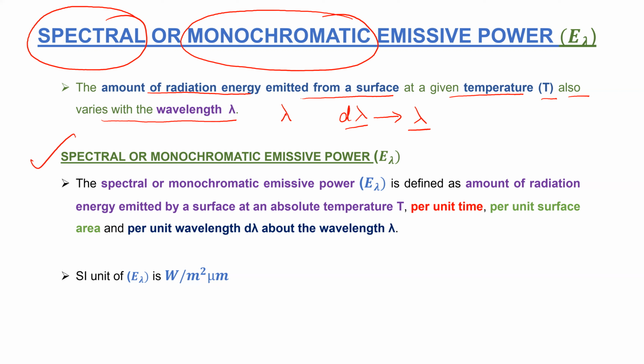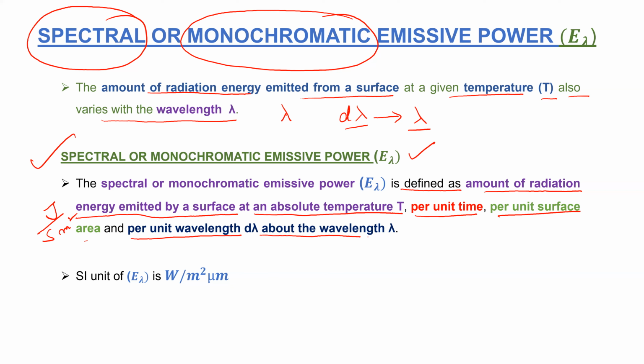So spectral or monochromatic emissive power E lambda is defined as the amount of radiation energy emitted by a surface, so joules, at an absolute temperature T per unit time, so divided by second, per unit surface area, divided by meter square, and per unit wavelength d lambda about the wavelength lambda. So you have to take micrometer also. What will be the SI unit of E lambda?